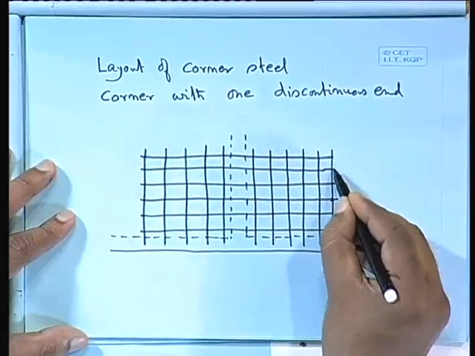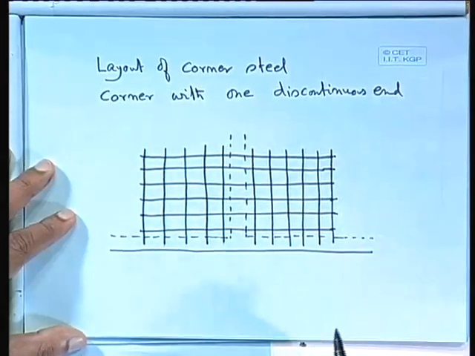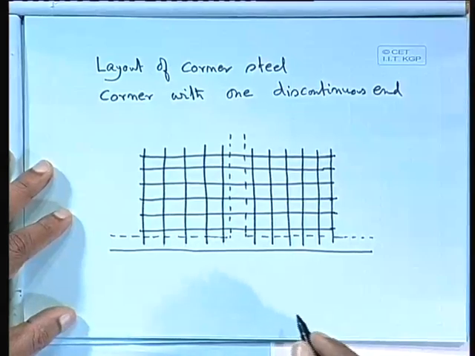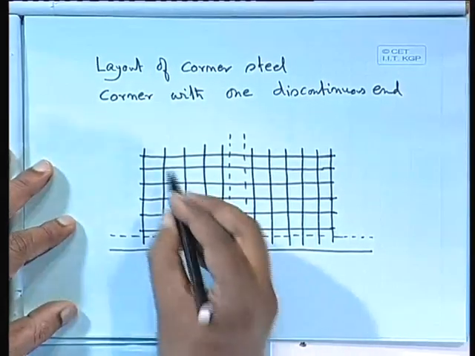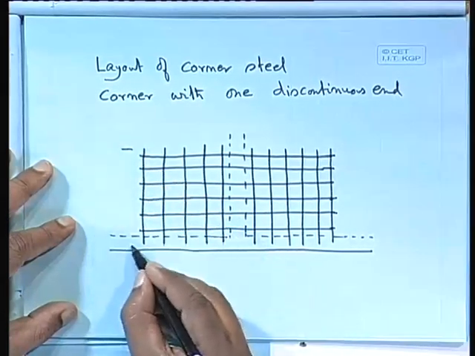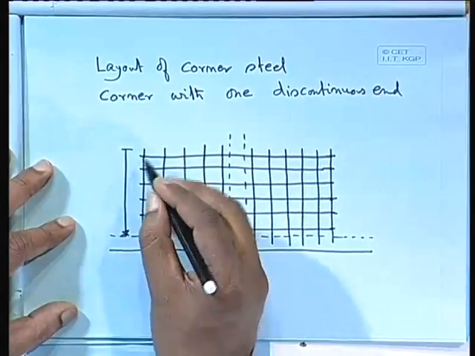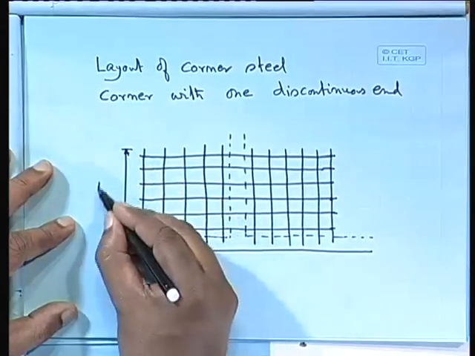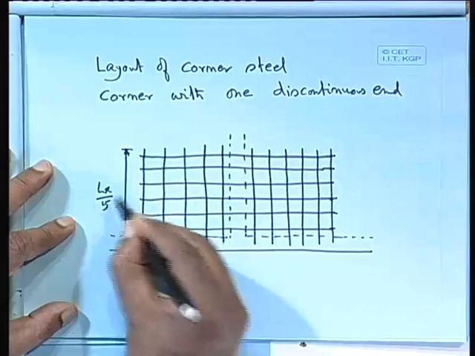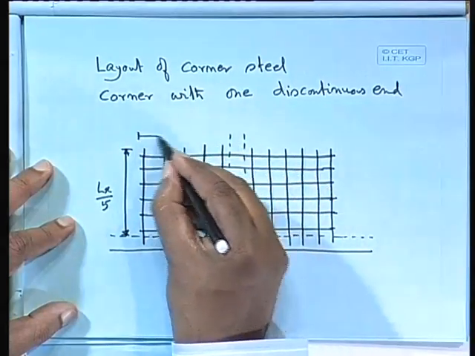So let us extend it a little bit. If we have this type of reinforcement here, then what about this length? This is again Lx by 5. What about this length?